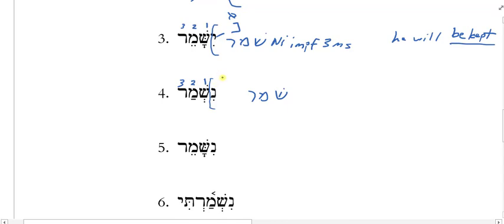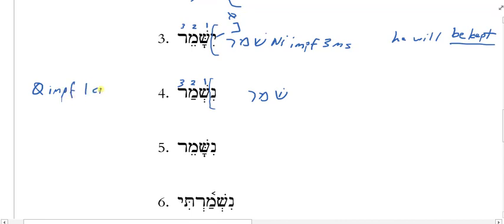If it's imperfect, it's 1CP. Is that the Qal imperfect 1CP of shamar? It's not, because the Qal imperfect would look like this on the front end, but what would the theme vowel or the root 2 vowel be? Holem. Nishmor. Right? Like Nifal. Nishmor. So Qal imperfect 1CP.